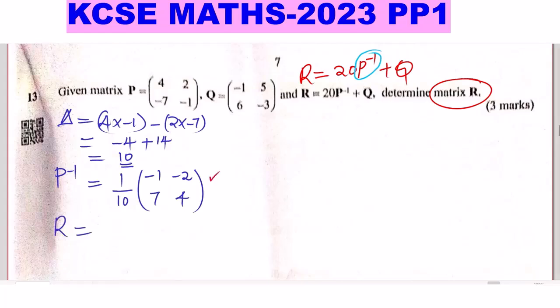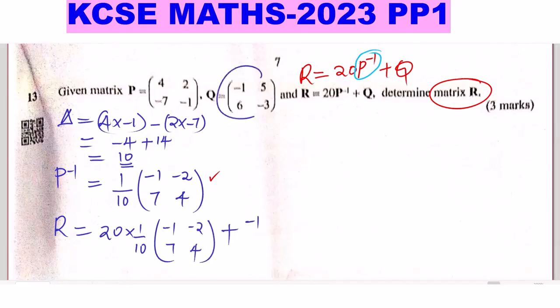Therefore R is equal to 20 multiplied by the inverse of P, which we have already obtained here, which is 1 over 10, then -1, 7, -2, 4, then plus Q. Matrix Q is -1, 6, 5, -3.